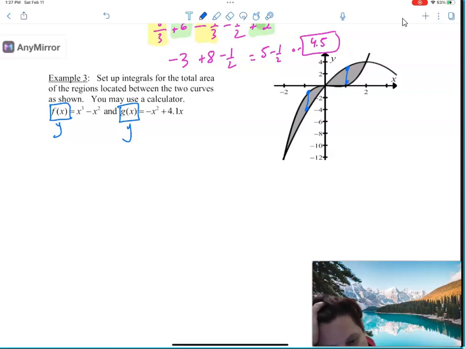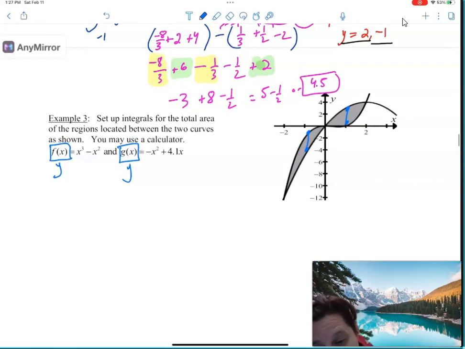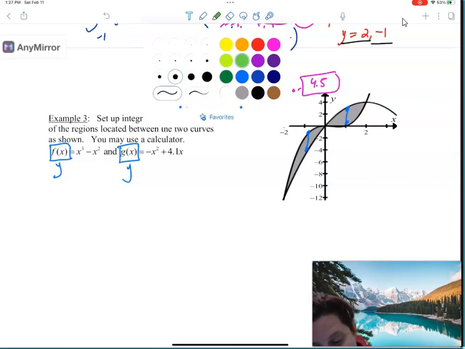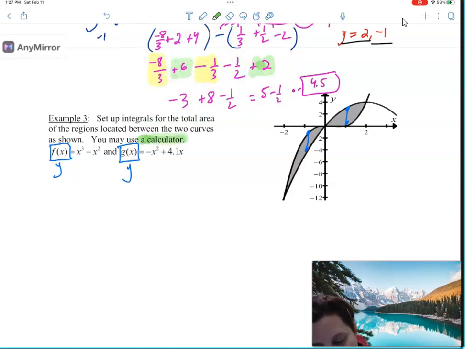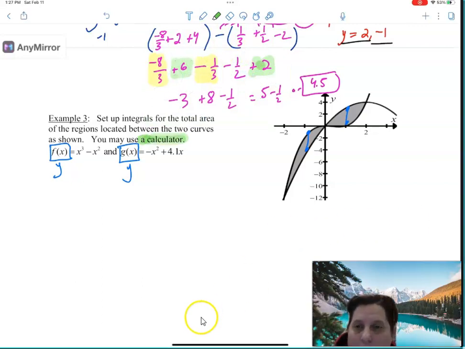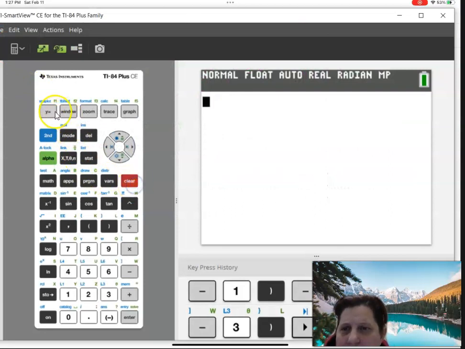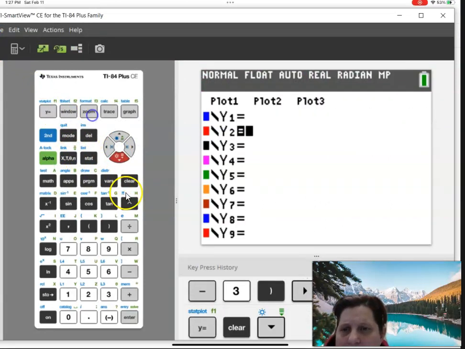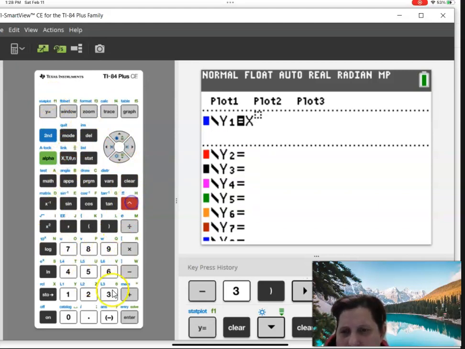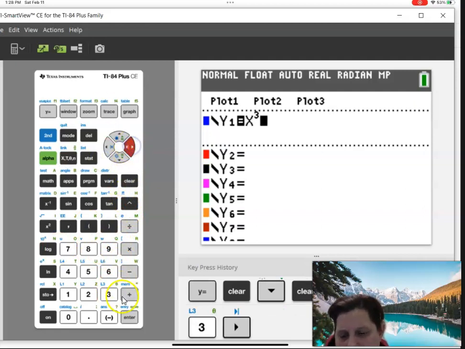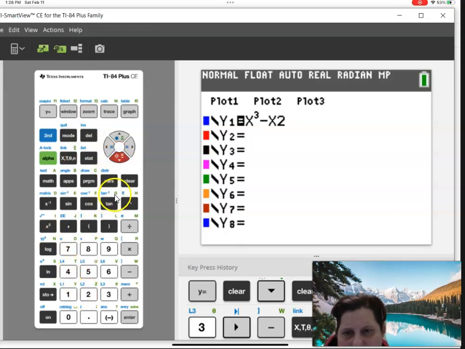Now, step 1, because this specifically says that this is a calculator question, and a lot of what comes up on calculator questions is stuff like this, we're going to plot this in my calculator. I'm going to go into y equals, and put in the first equation, which was x to the third minus x squared. And then I'm going to put in the second equation.